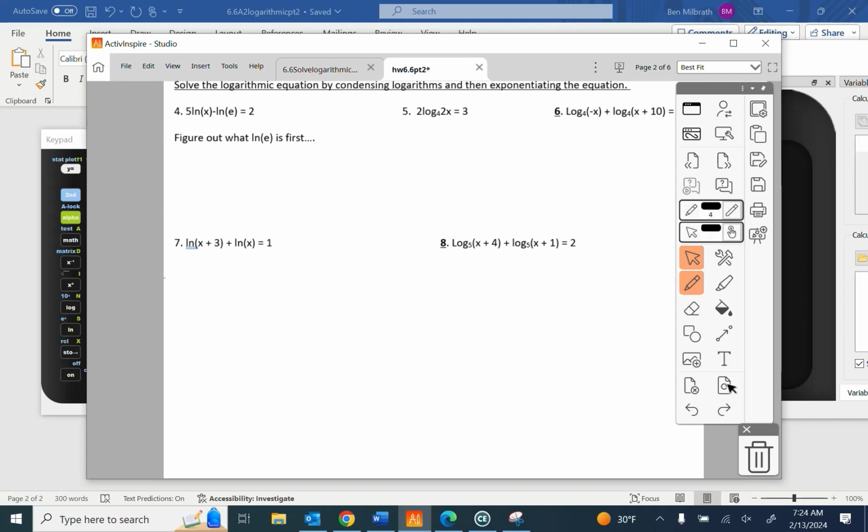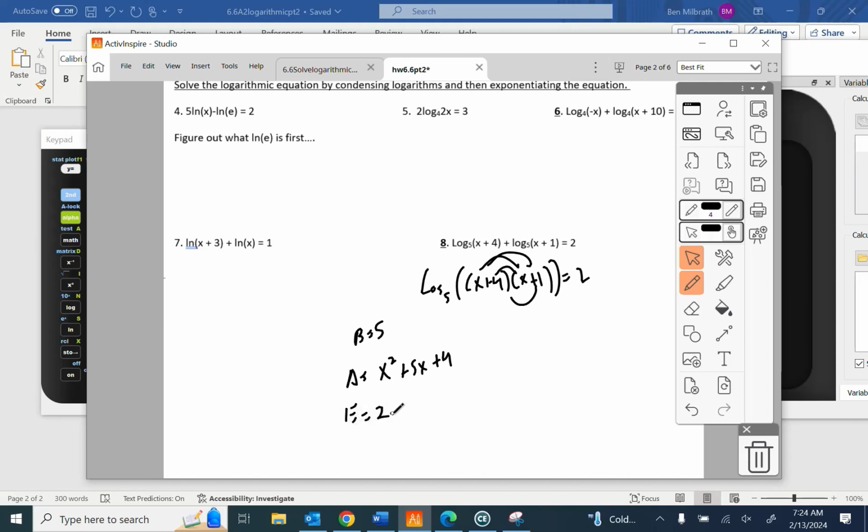All right, moving on to 8. Same technique here, condense. And again, I'm going to have a singular log base 5, and it will contain the product of x plus 4 and x plus 1, and it'll equal 2. My base is going to be 5. My argument is going to be what happens when I FOIL this out, which would be x squared plus 5x plus 4, and my exponent is 2.